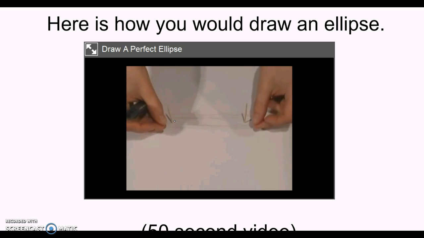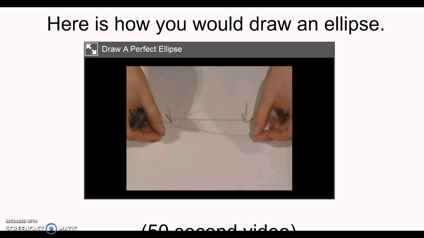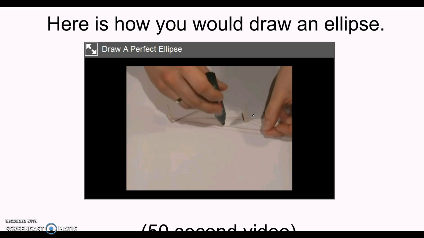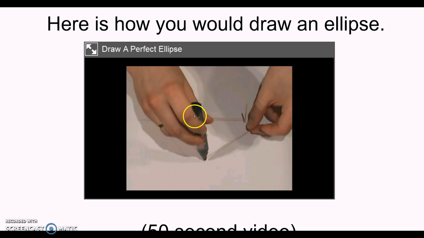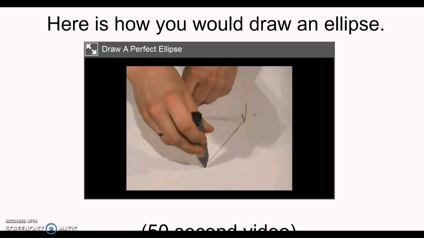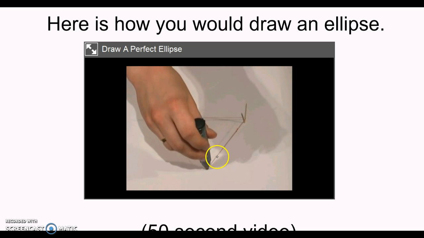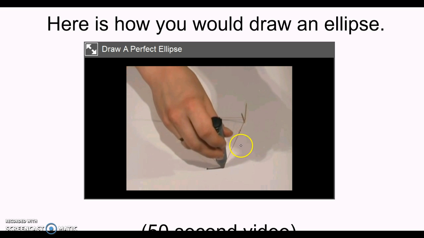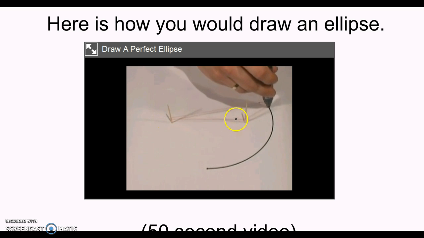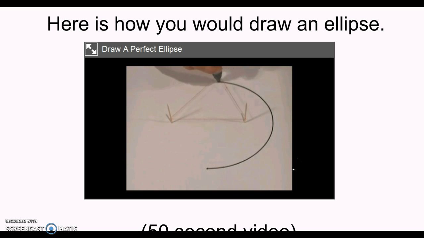And if you take a piece of string or a rubber band and you make it taut around the 2 points and have a marker extend up, so again, the part between the 2 points is taut, then you can go ahead and drag this marker around, again, keeping this line straight as possible, and be able to make a very nice ellipse.